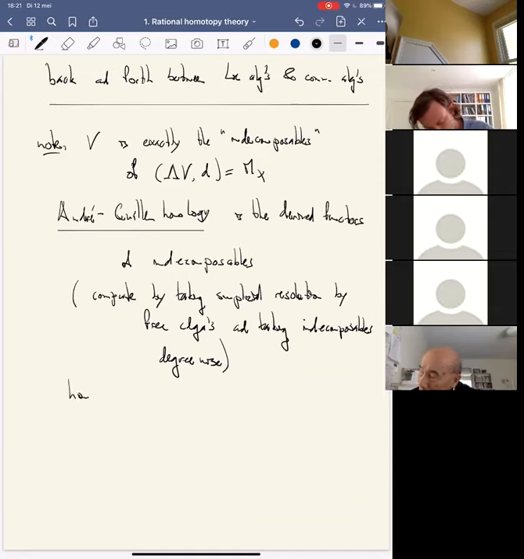So here's a homotopy invariant formulation of the proposition that I had on the previous page.